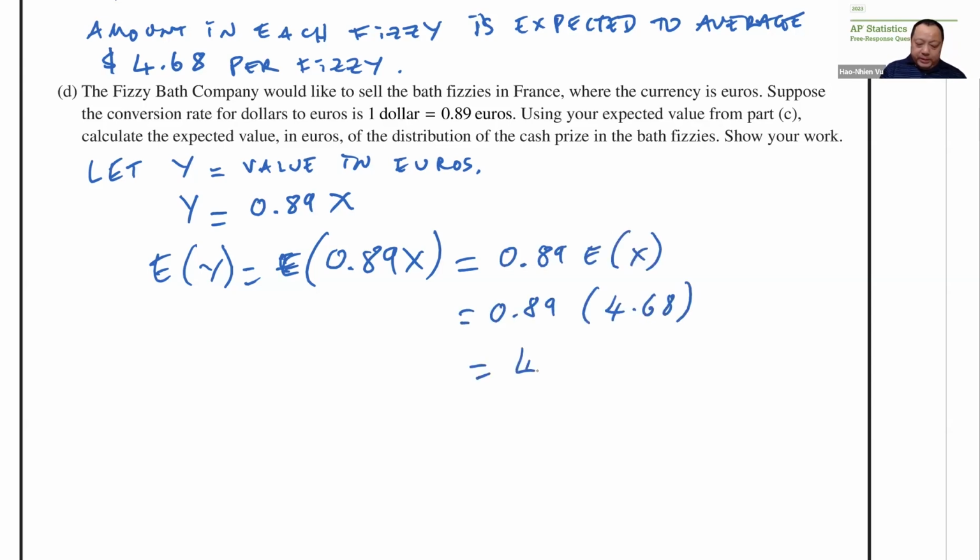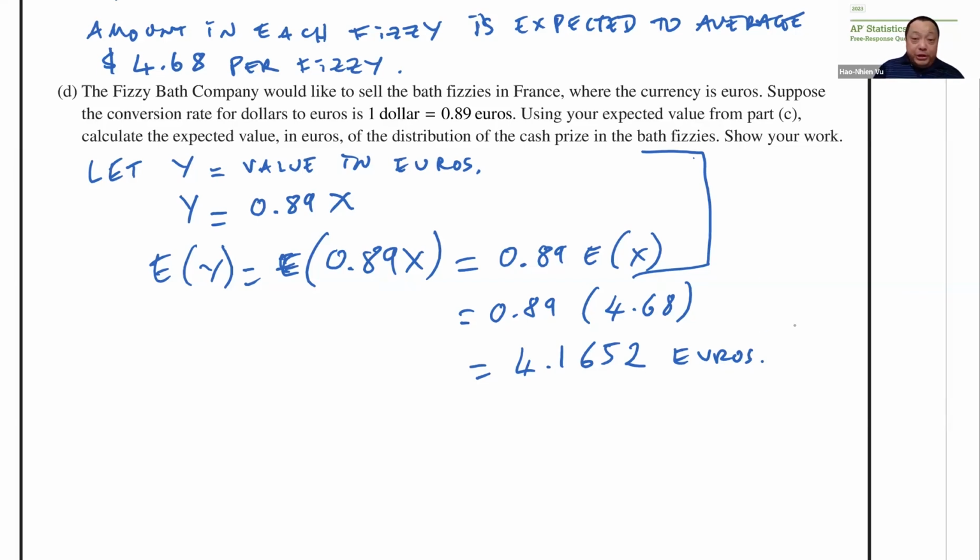And so I can multiply it like that, and I get 4.1652 euros. This is a full answer. It includes this part that justifies how you can just take the 4.68 and you multiply by 0.89.